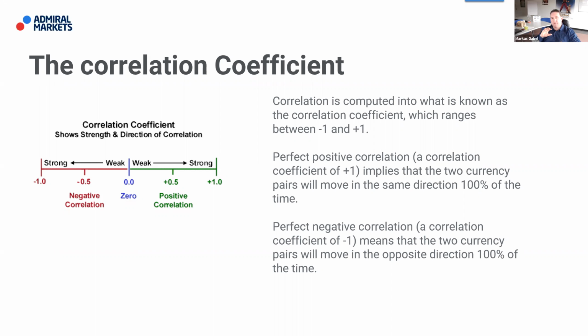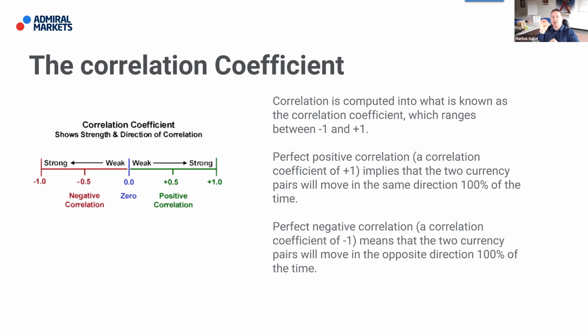So if you have a perfect positive correlation, which means a correlation coefficient of +1 or maybe +100, this implies that the two currency pairs will move in the same direction 100% of the time.